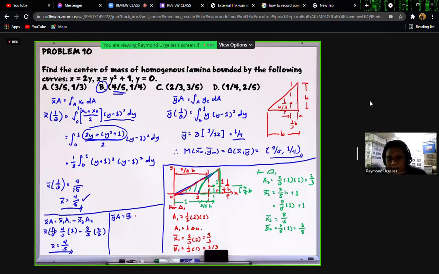Diba? So, para sa y bar naman, y bar area is equal to y1 bar a1 minus y2 bar a2. Diba? So, then this is y bar times 1/3. So, this is equal to, ang y1 bar natin ay 1/3. Ang a1 natin ay 1. Diba? Ang y2 bar natin ay 3/8.